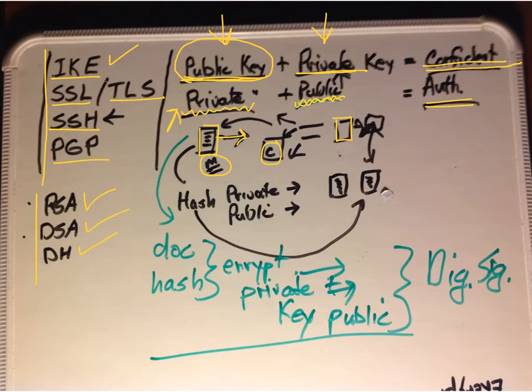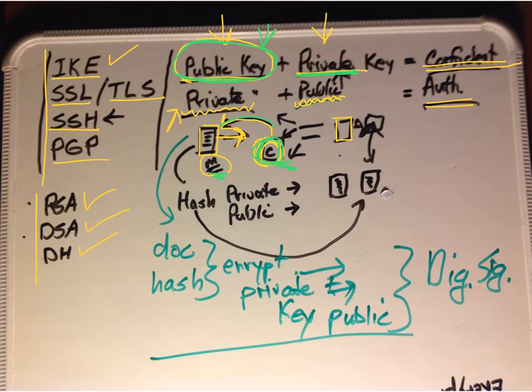If we're going to send the information to Chris, Chris will send his public key. Let's say Chris is going to be green. So Chris will send his public key, which he can share. I'll encrypt with the public key, send the data over, and Chris is the only one that can look at the data, because he's the only one that has the private key. So it's always done in this order. Use a public key to encrypt, private key to read it. You just have to get the public key to the right place.